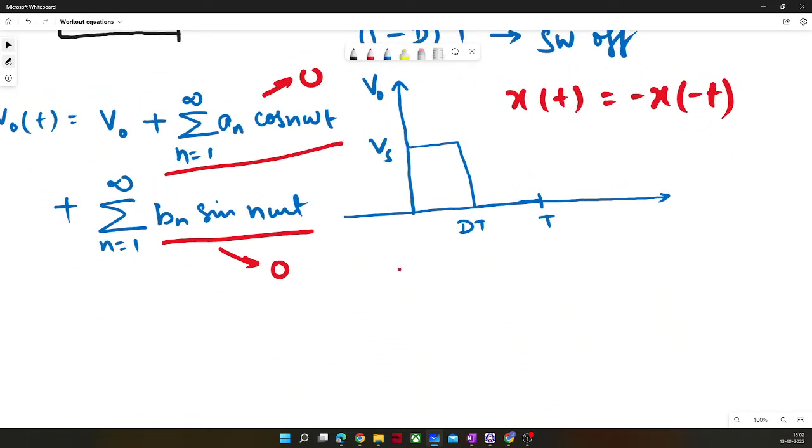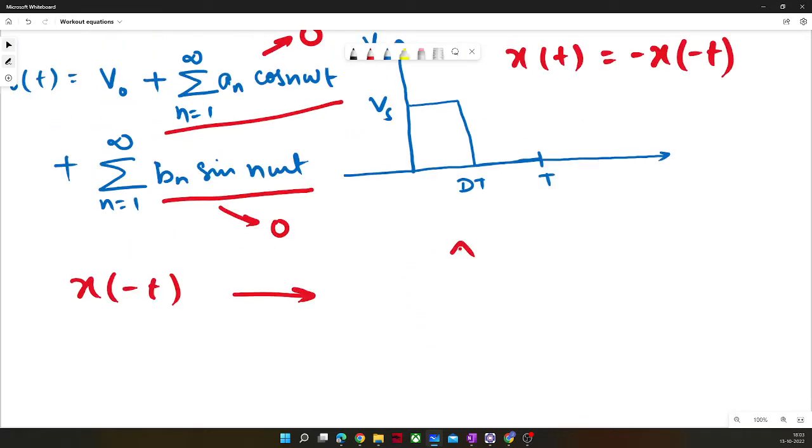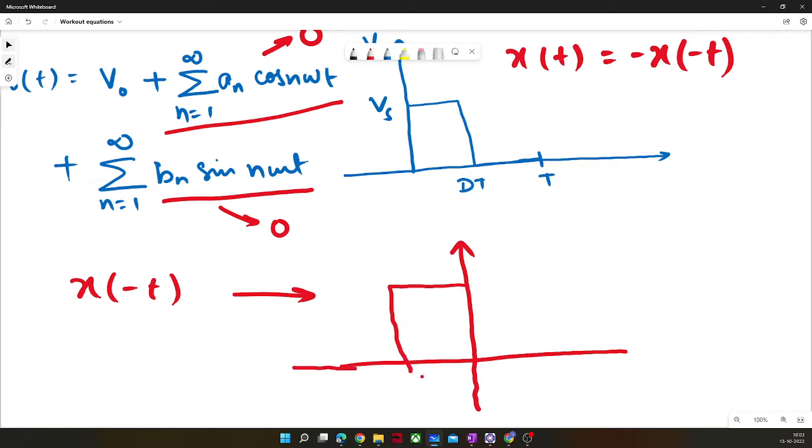So I will first take x of minus t. I will do this operation on the waveform. So what will I get? I will get the mirror of this waveform across the y-axis, right? So this should be DT, right?